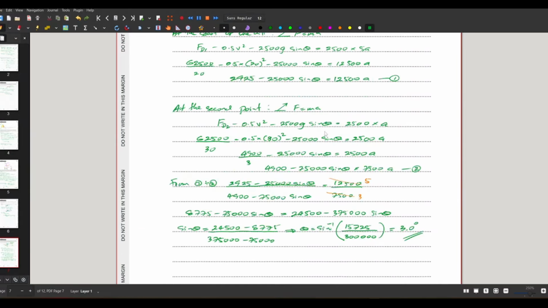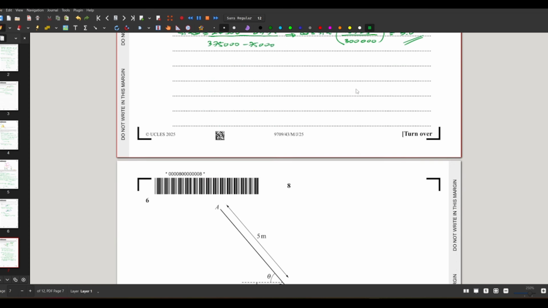Okay, and then from equation 1, we can find A. So the left side we should divide by 12,500.